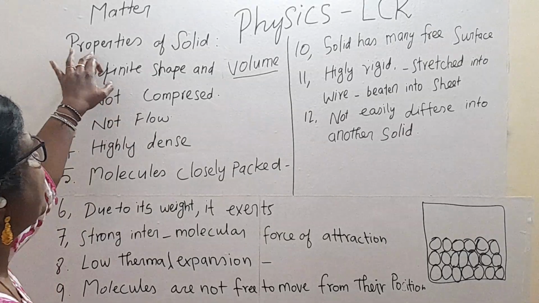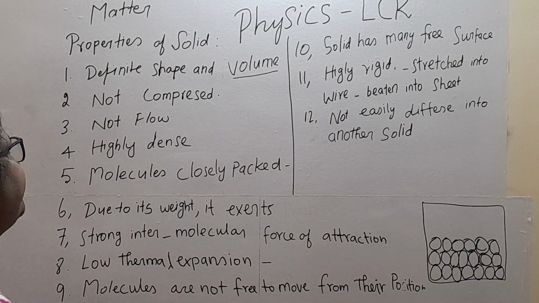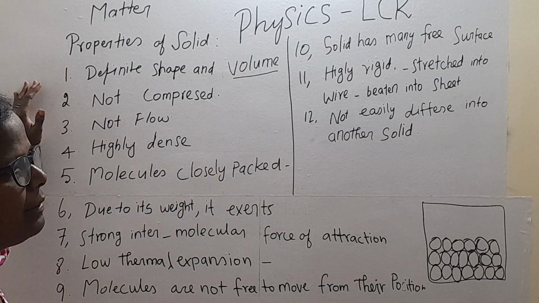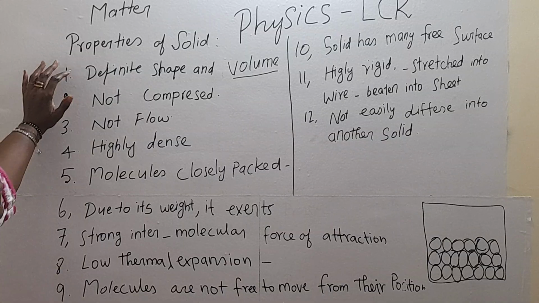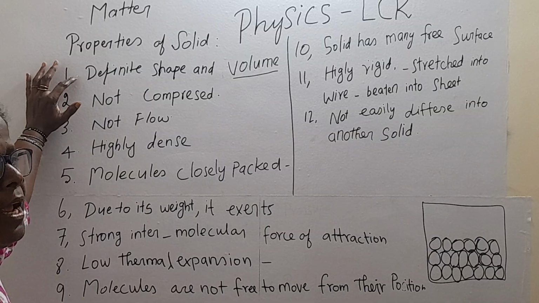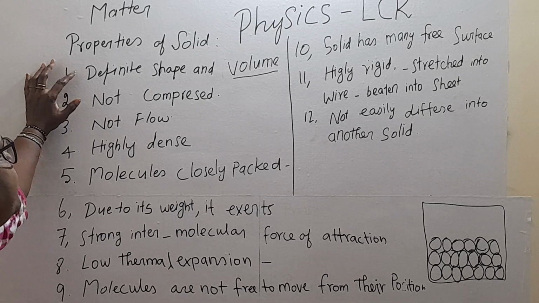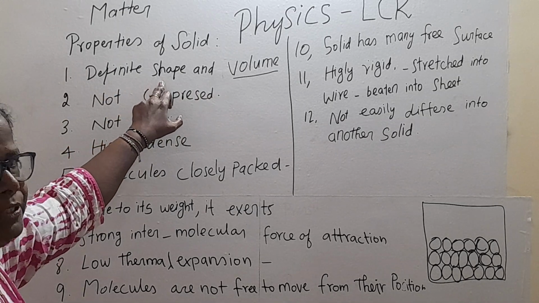So first, the properties of solid. Here 12 characteristics are given. First one, definite shape and volume. Solid has definite shape and volume. How does it have a definite shape?